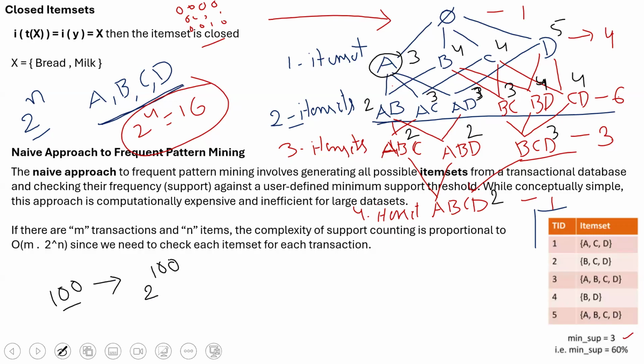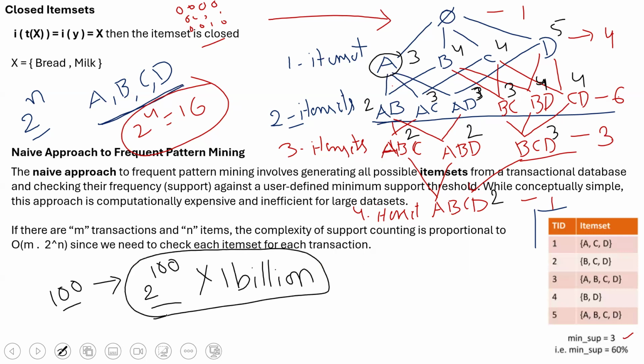And if you're traversing the database 2 to the power of 100 times, and let's suppose you have 1 billion transactions, iterating through the database this many times is computationally very expensive, right?